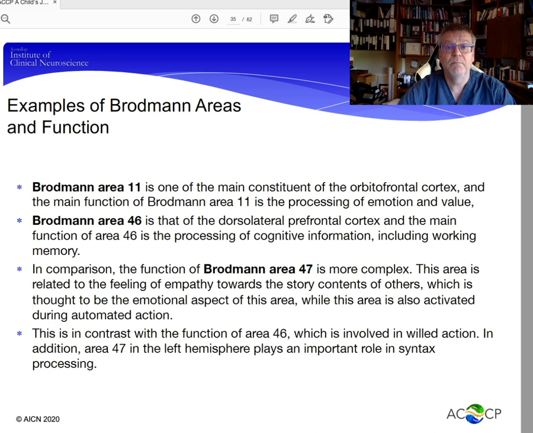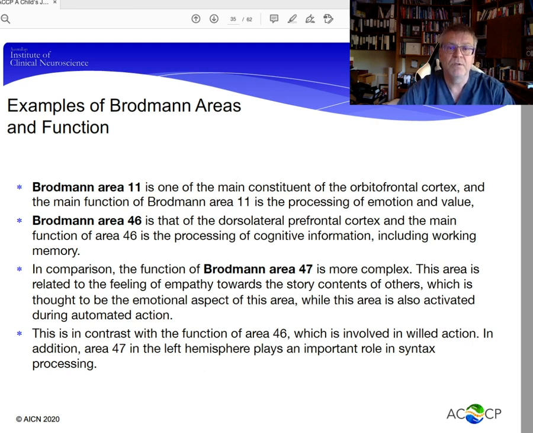And now Brodmann area 47 is even more complex because it's related to the feeling of empathy towards the story contents of others. So when someone's telling you their story, this area is responsible for activating the pathways that allow you to perceive empathy, which is an emotional aspect of this area.